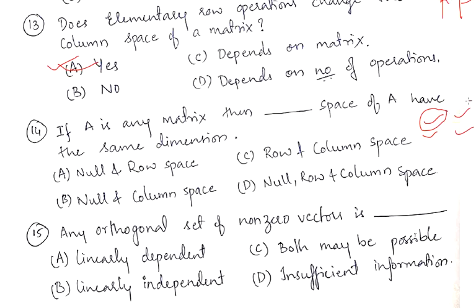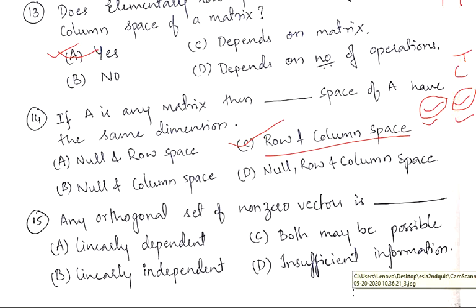On similar lines we found it for the row space. How did we do that? We took the transpose. So the row and column space will have the same dimension. So if A is any matrix, the row and column space of A must have the same dimension. C is the answer.